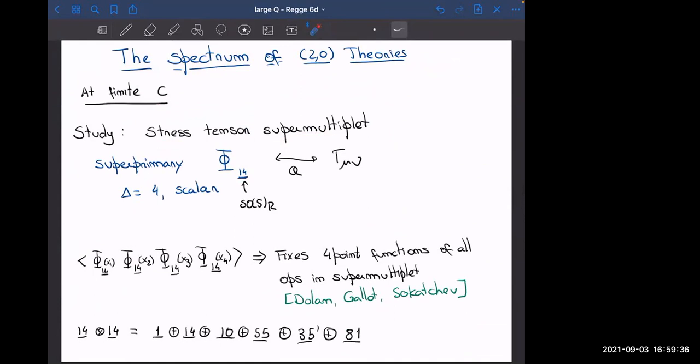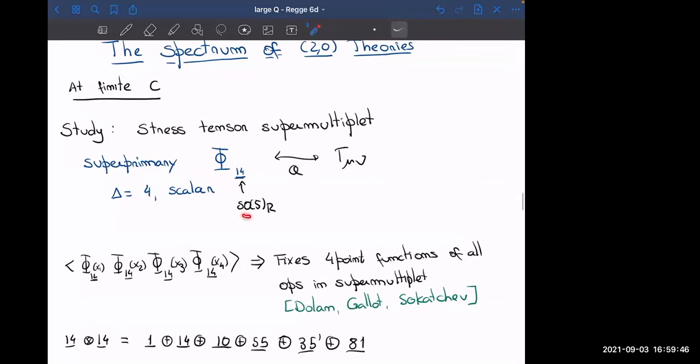So the stress tensor itself is related by supersymmetry to this scalar, which is a superprimary of a multiplet. It's a scalar of dimension 4, and it transforms under some representation, which is the 14, of the SO(5) R symmetry. So this is the R symmetry algebra of the 6D series.